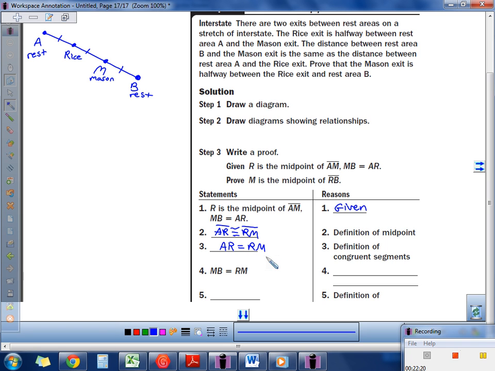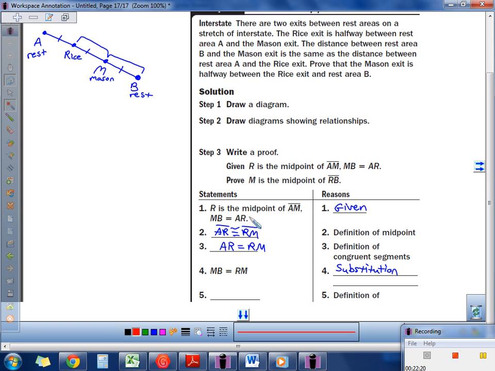But then they say MB equals RM. That's not stated in the given. So why can we say that? This is the substitution property, and I'll highlight it.